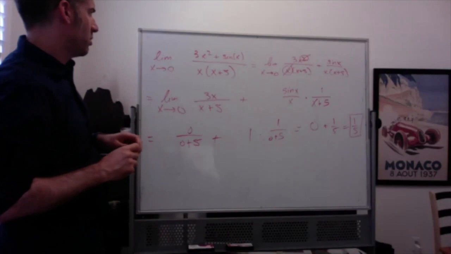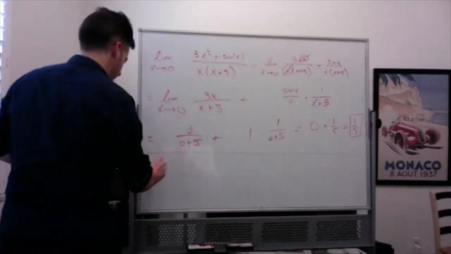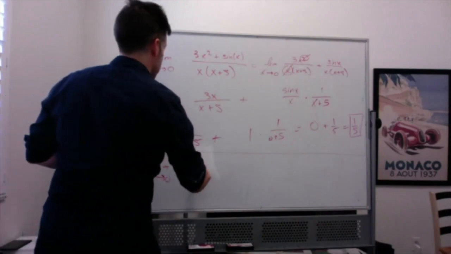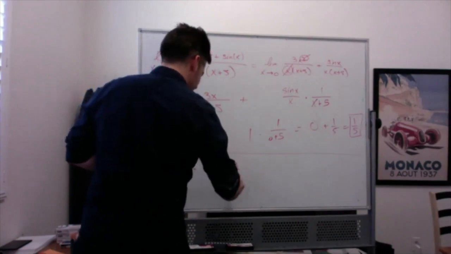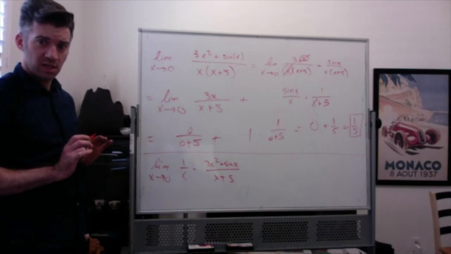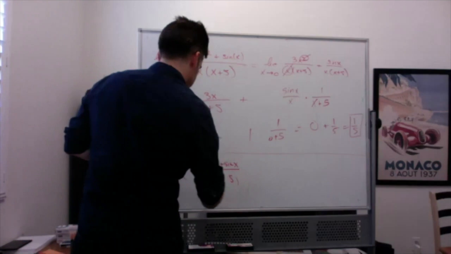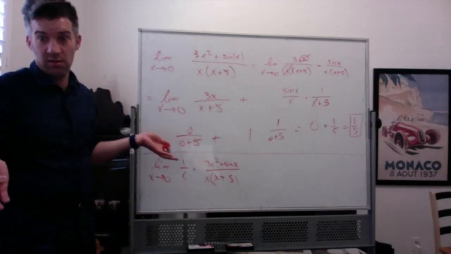So you're saying you want to break it up like the limit as x goes to 0 of 1 over x times 3x, times the whole thing? Is that what you're saying? I would still have the x next to the x plus 5 on the denominator. So I can't just multiply by 1 over x, because then I'm changing the thing.